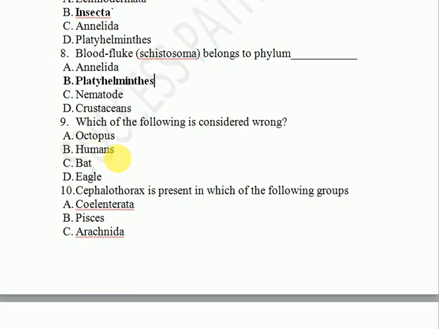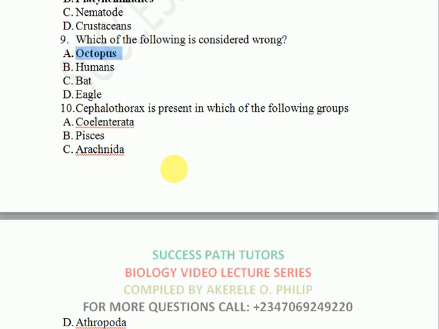All of them belong to kingdom Animalia, but this is phylum Mollusca, phylum Chordata, phylum Chordata, phylum Chordata. So this is the wrong or odd one out. Or you can say that is the only invertebrate here.